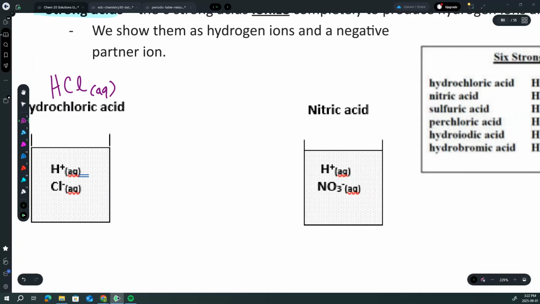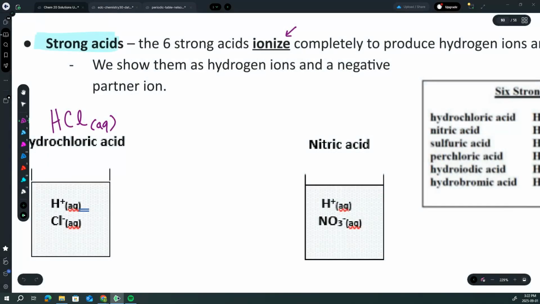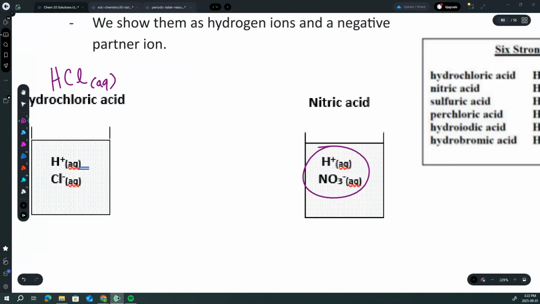With nitric acid, that's another one of our strong acids. You can find it right here. Hydrochloric acid was right here. With nitric acid, once again, since it is a strong acid, it's going to ionize completely, and therefore it's going to exist as H+ and nitrate.